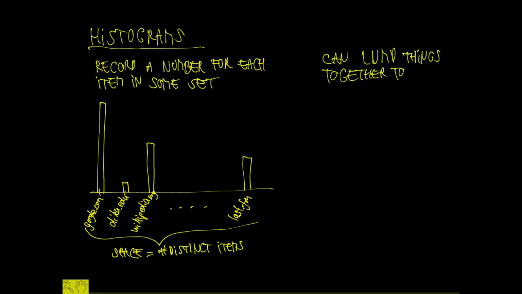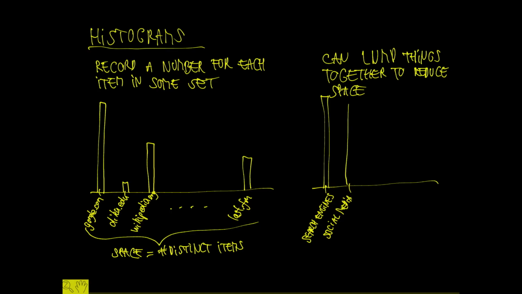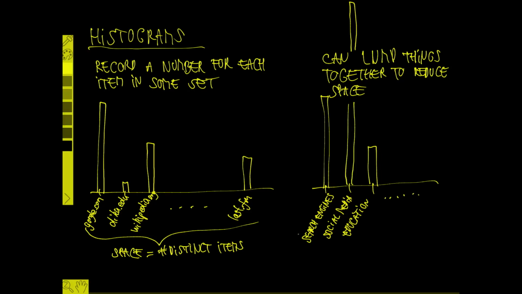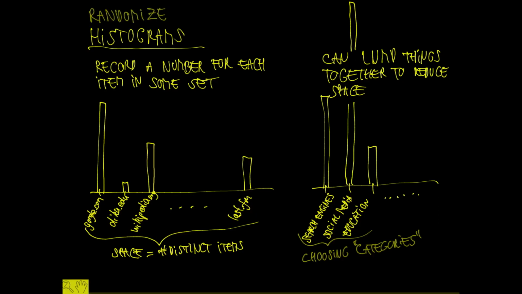But what we can do, and which is actually often done, just to reduce the space for such a histogram, is to lump things together. So here you could lump search engines together, social media, education, and so on, and you're going to get a much smaller histogram that gives you at least some information that is relevant. But the question is how to choose the categories. What we're going to discuss next can be seen as a randomized way of choosing the categories.